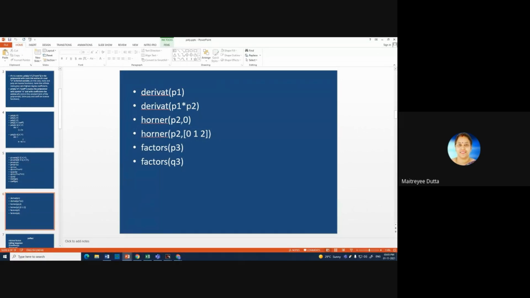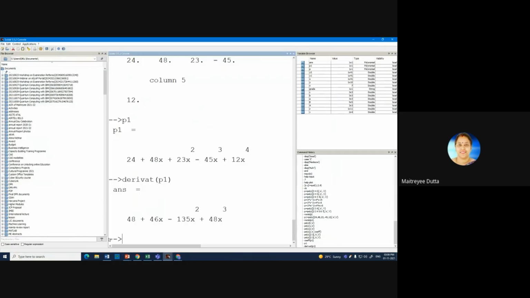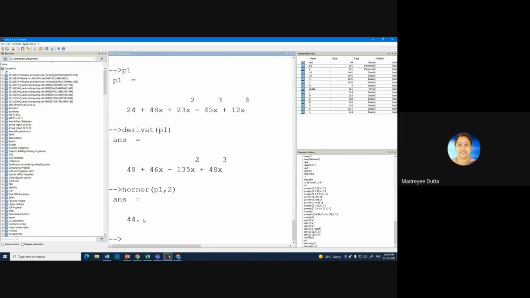Next is Horner. Horner is used to find the value of the polynomial at a given value, right? That means if I say Horner P1 comma 2, it is giving 44.